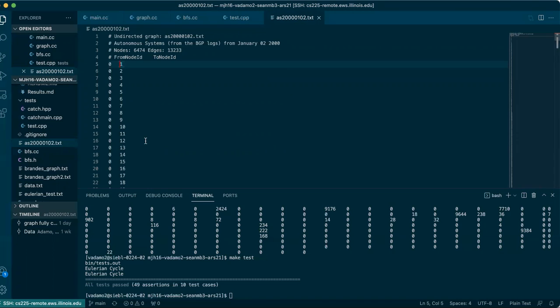While we did this, we were testing on smaller graphs in our larger data set, and we found out that our larger data set cannot be represented as an Eulerian graph. So in order to test that we properly implemented the algorithm, we made a bunch of smaller graphs and tested those through Catch 2.